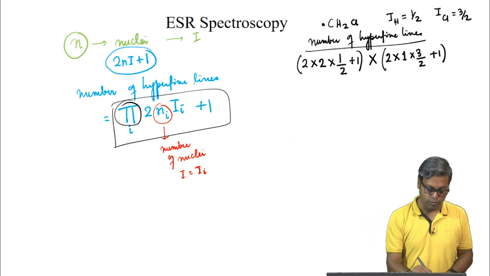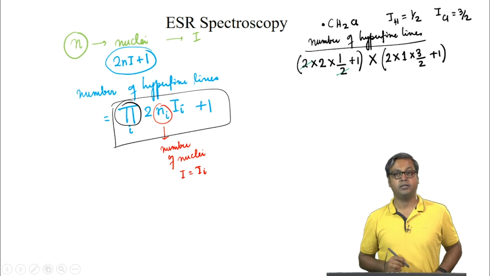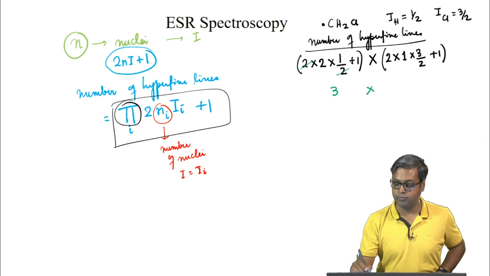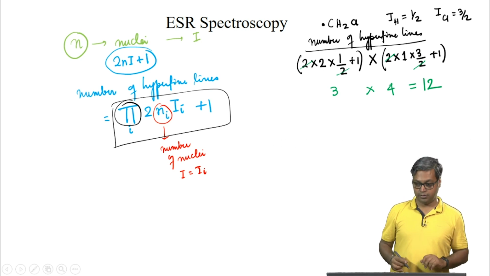If I do the math properly, this is 2 plus 1, that is 3, times 3 plus 1, that is 4. So, we should have 12 hyperfine lines.